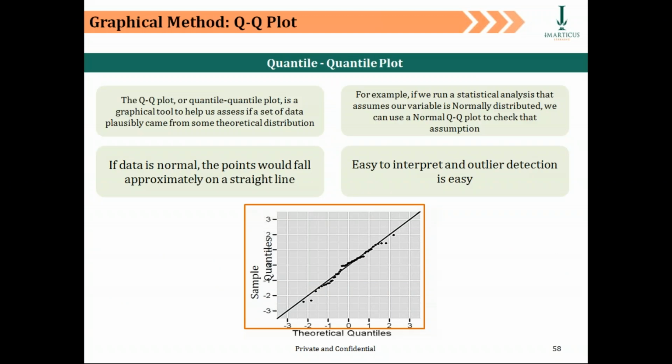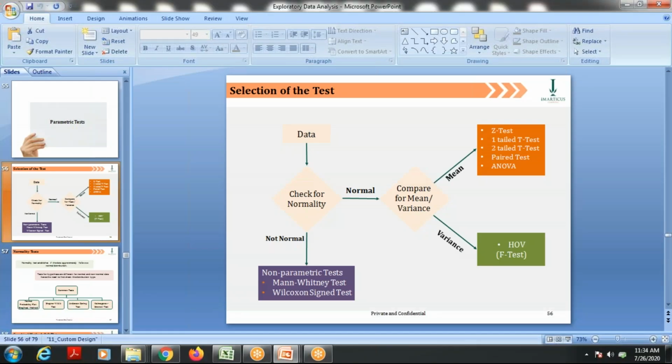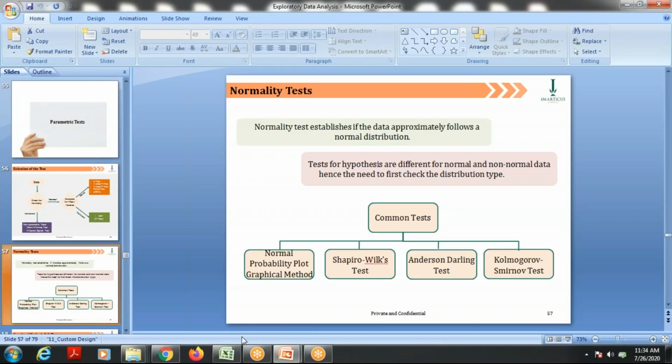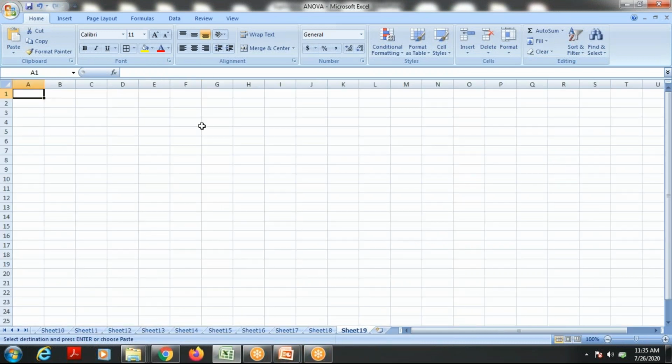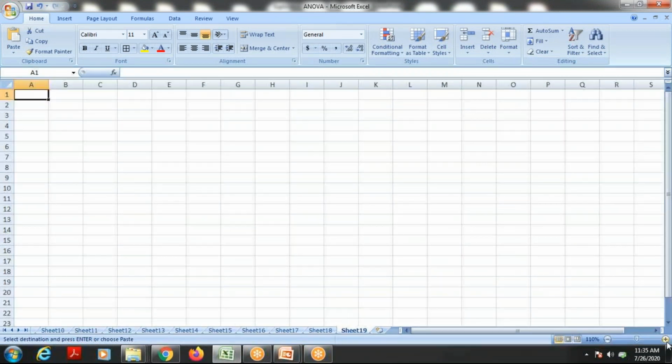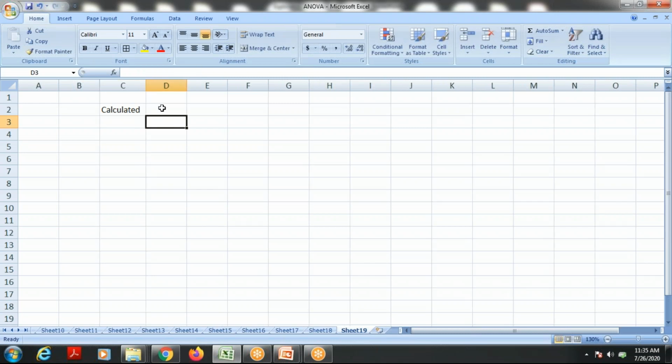Now we are going to talk about the first method, the normal probability plot, and I will explain how it looks. Let's say I have something called calculated and something called table.